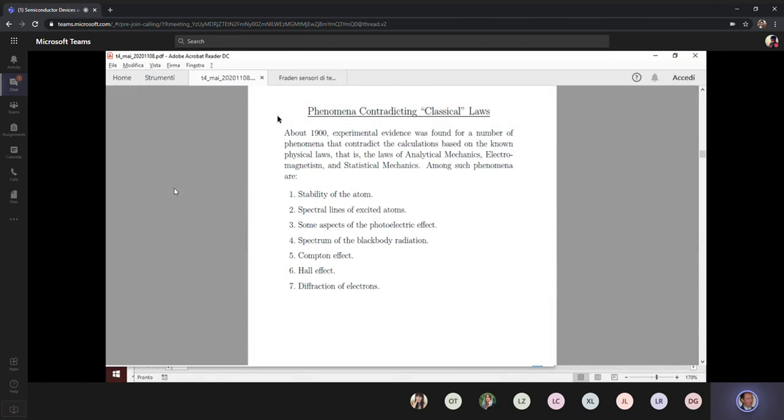So the other two possibilities are that either the electromagnetic theory is wrong or that mechanics is wrong. That is, that the planetary motion is not applicable to atoms. It works for planets, but not for atoms. And this is actually the case.